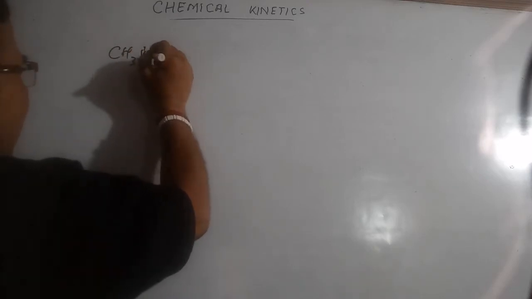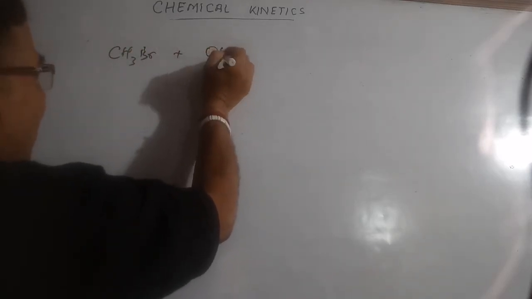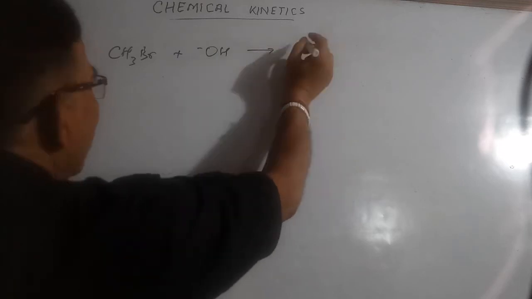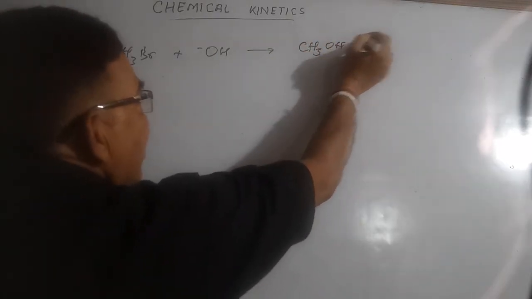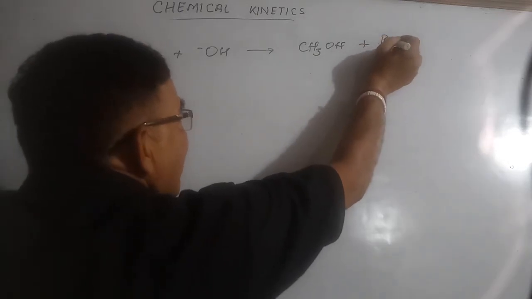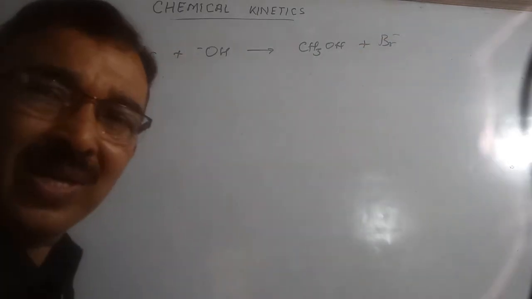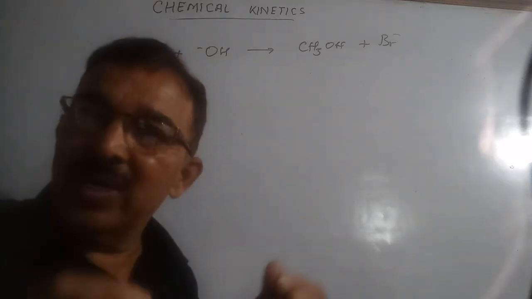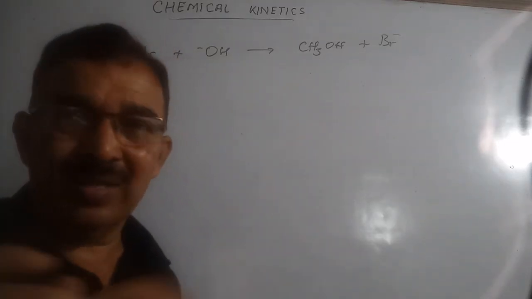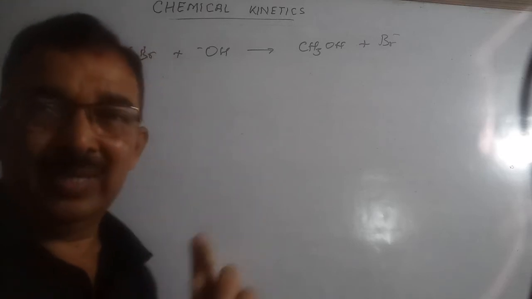CH3Br plus OH minus will give CH3OH plus Br minus. Let us take two different conditions. One is improper orientation and the other one is proper orientation.